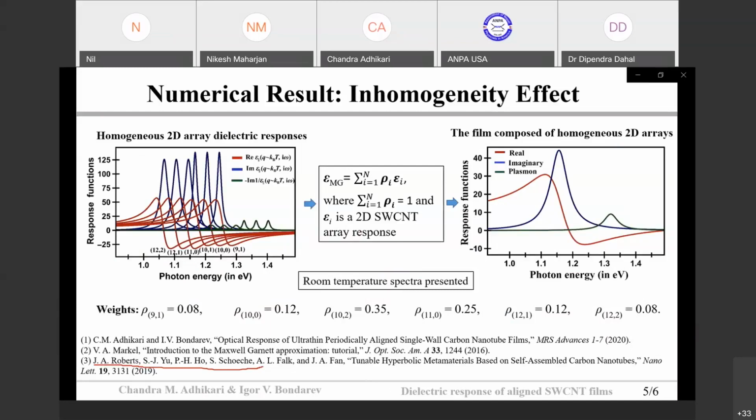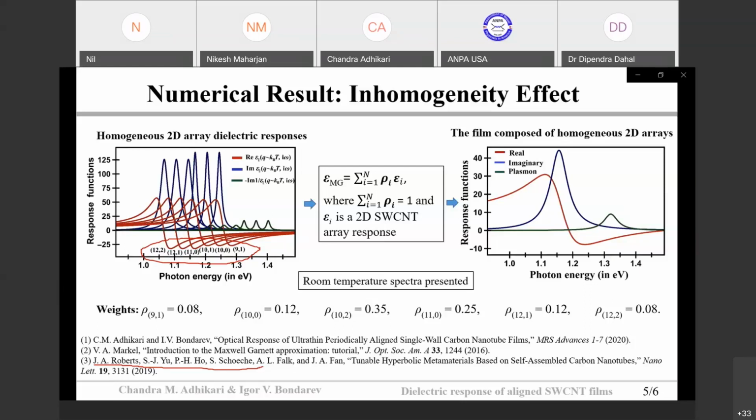We can explain this experimental fact by using the Maxwell-Garnett mixing of homogeneous arrays. What you do is the following. We take about a half dozen of the homogeneous arrays of carbon nanotube in which the carbon nanotubes are roughly of the same diameter.